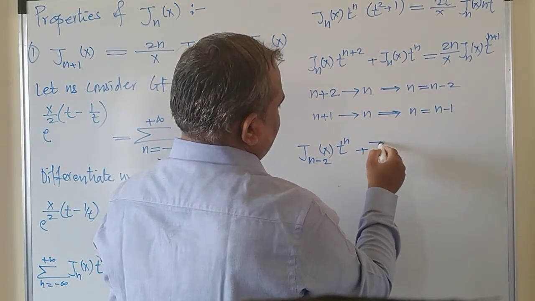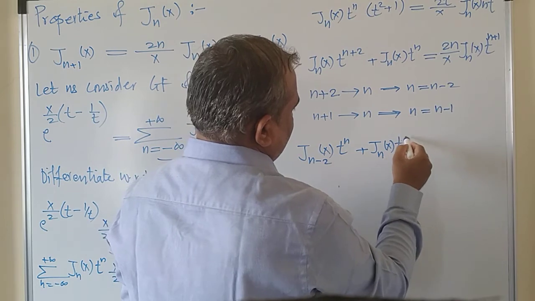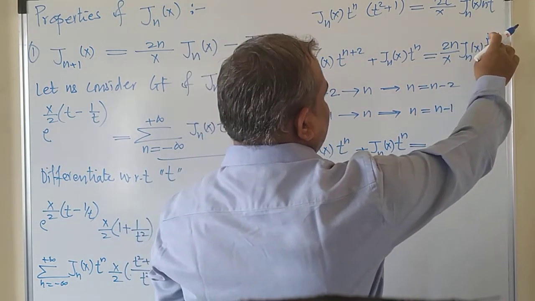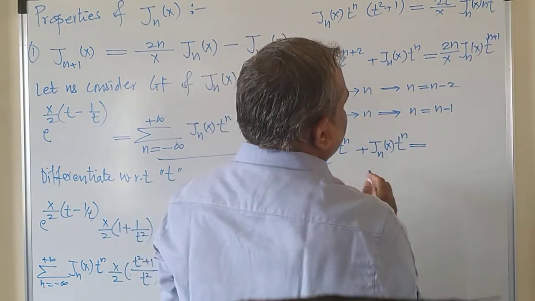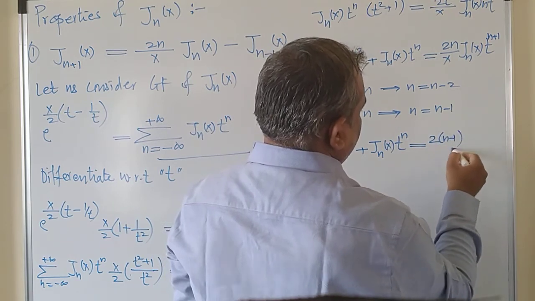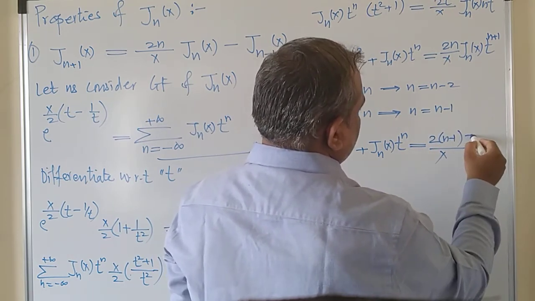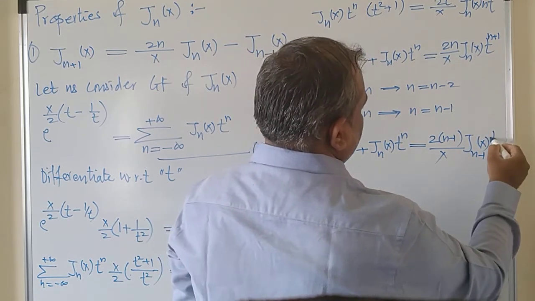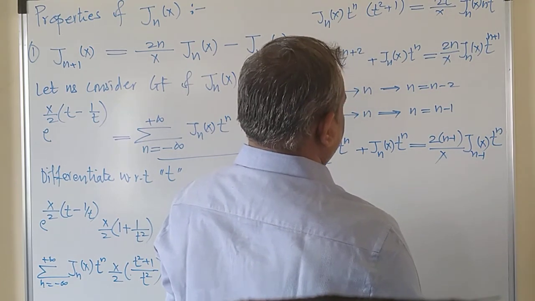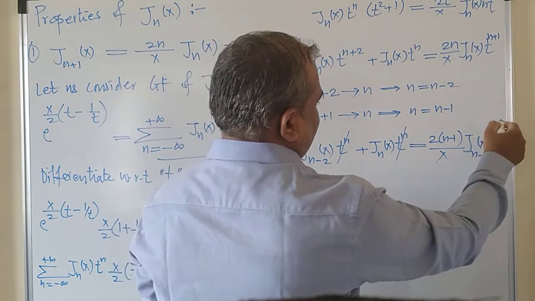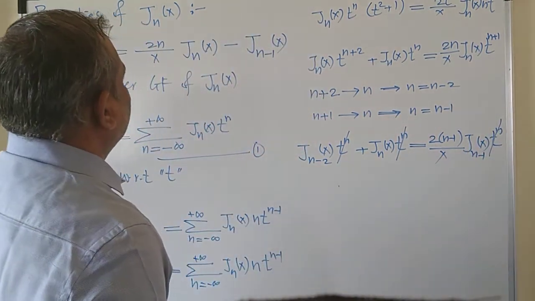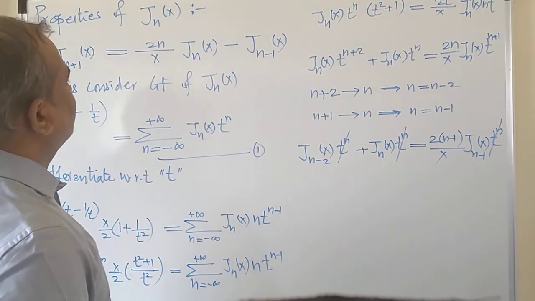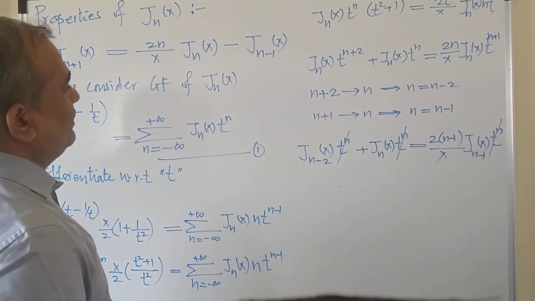plus Jn of x t raised to n, and this is equal to, now here n plus 1 is there, so n is replaced by n minus 1. So 2 times n minus 1 by x into J n minus 1 of x into t raised to power n, right? So this t raised to n, t raised to n, t raised to n gets cancelled with each other, right?